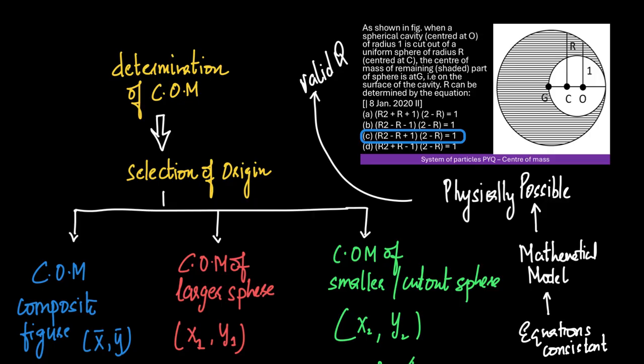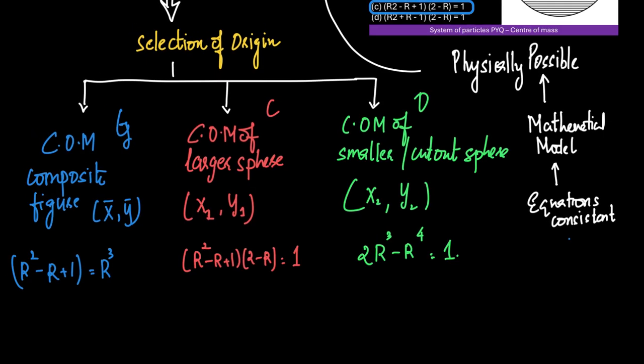Okay, so there are 3 possible origin selections: 1, center of mass G; 2, center of mass C; and 3, center of mass O. When you use the center of mass of the smaller sphere, O, as the origin and find the center of mass of the composite figure, you get the equation 2r cube minus r to the power 4 is equal to 1.